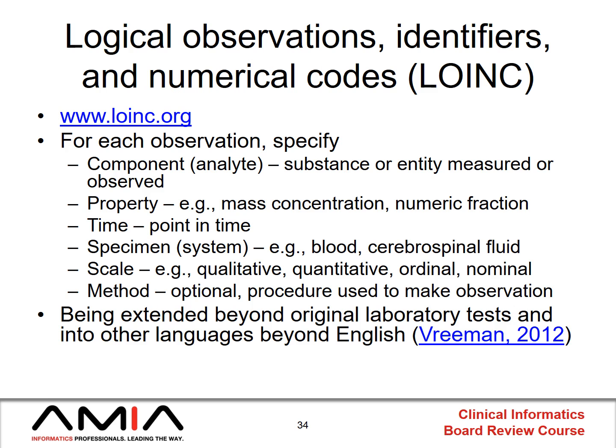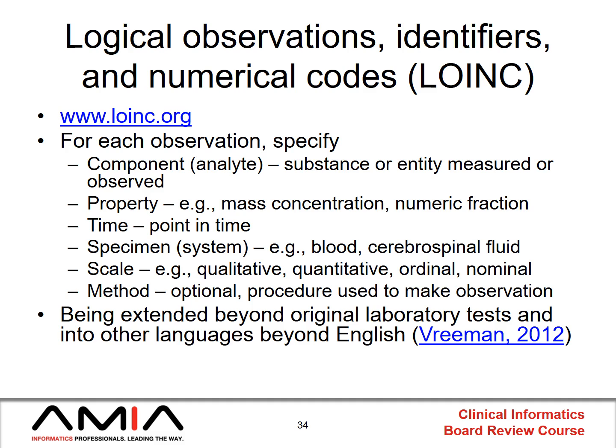Another terminology standard is Logical Observations, Identifiers, and Numerical Codes, or LOINC. LOINC evolved as a way to describe the findings of laboratory tests, and it has been gradually extended to other types of tests, and it's also been translated into other languages.